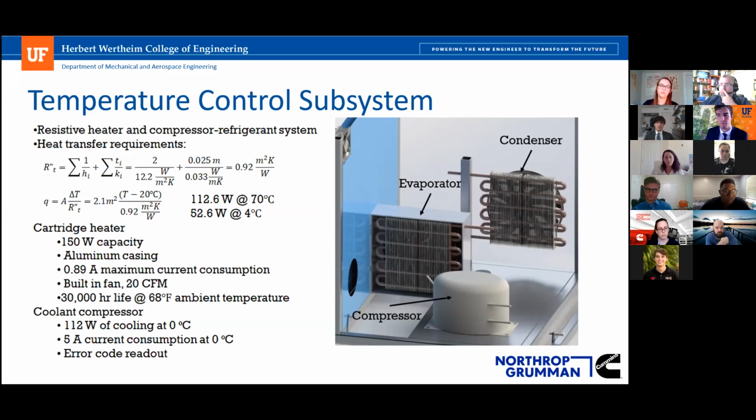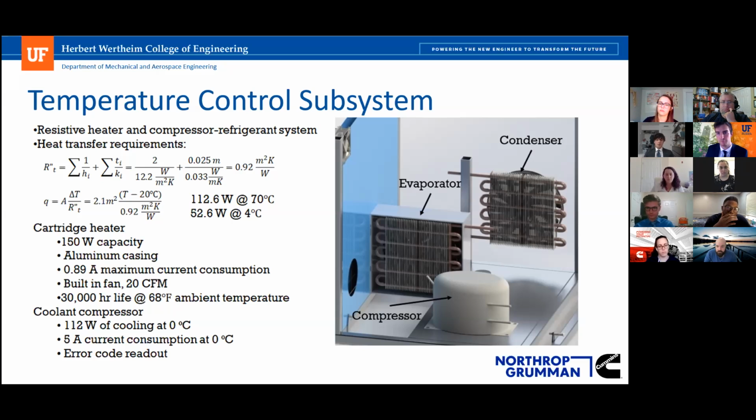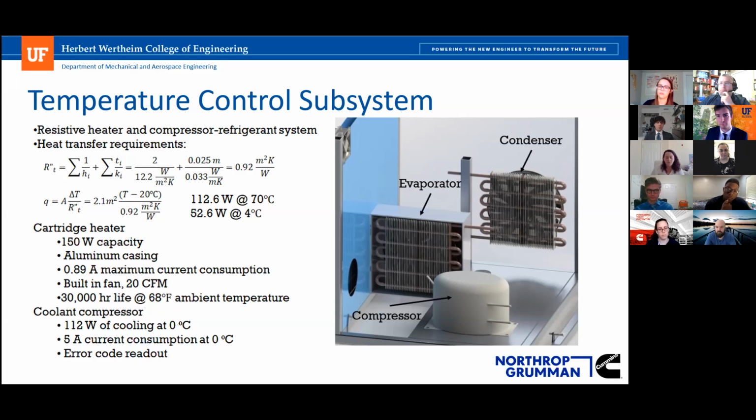At 70 degrees Celsius, about 113 watts will dissipate to the atmosphere, and at 4 degrees Celsius, it takes about 53 watts. That allowed us to select our heating and cooling components correctly.